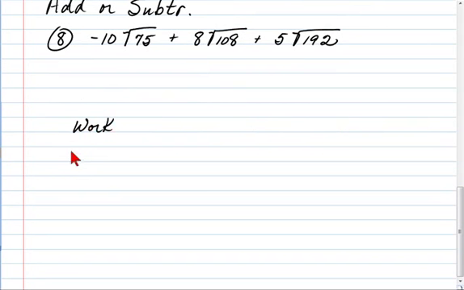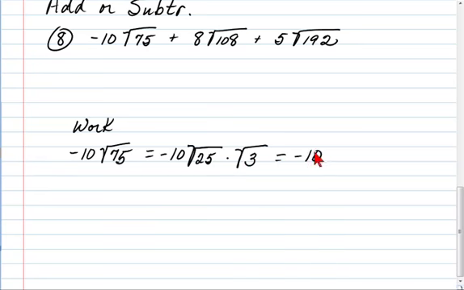The first thing I want to do is see if I can simplify negative 10 times the square root of 75. The negative 10 will drag along every time I write this down. Now 75 is not a perfect square, so I'm going to see if I can factor it. The square root of 75 has as a perfect square factor 25. 25 goes in there 3 times.